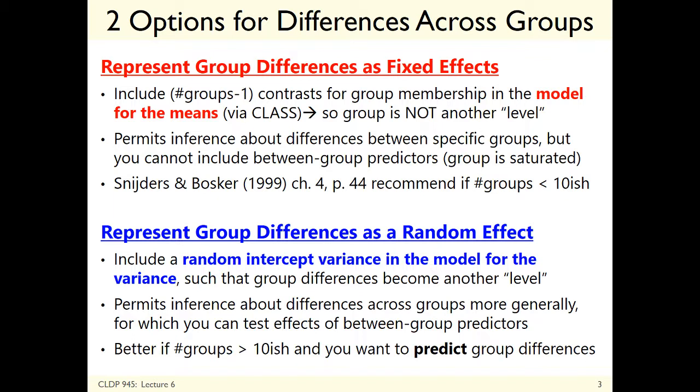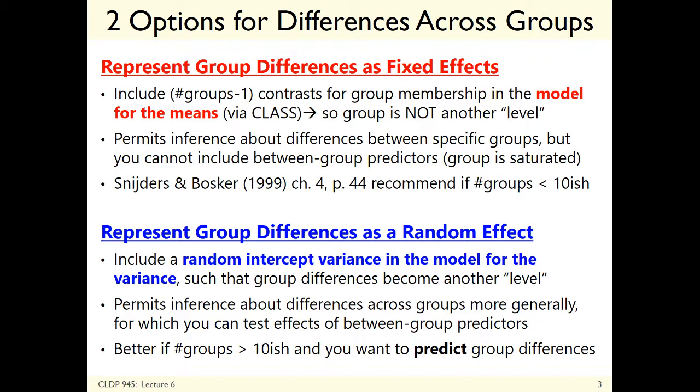Instead, if you wanted to know if groups that have this characteristic as part of their culture differ from groups that don't, and multiple groups might have the same characteristic, that's random effect, because then you're trying to explain why they differ. If you're doing country stuff, like if you want to say, why is Sweden different than Norway? Or why is the US different than Germany?